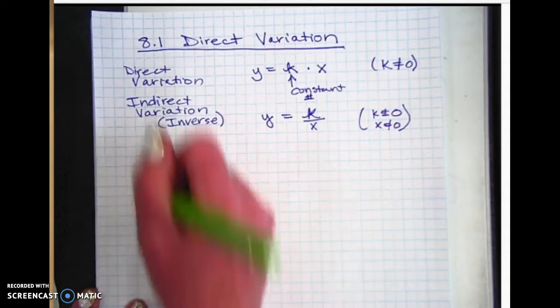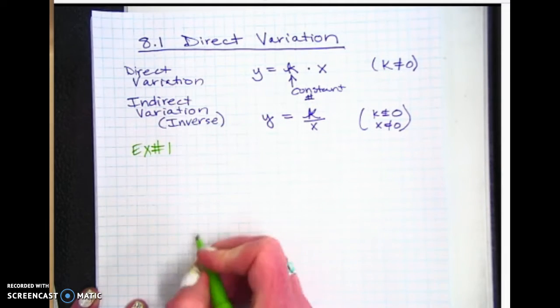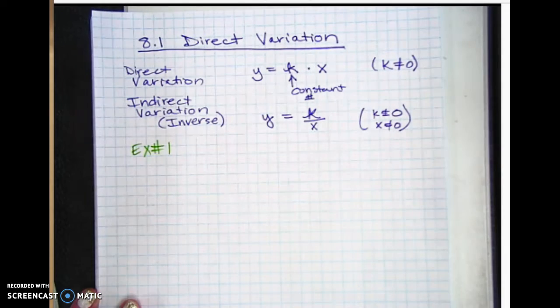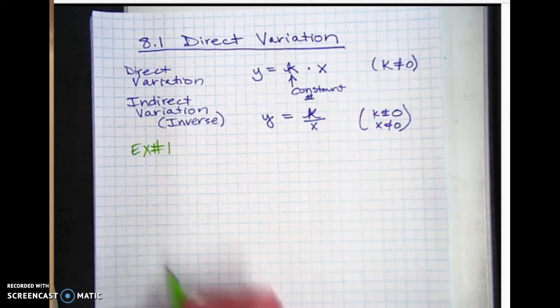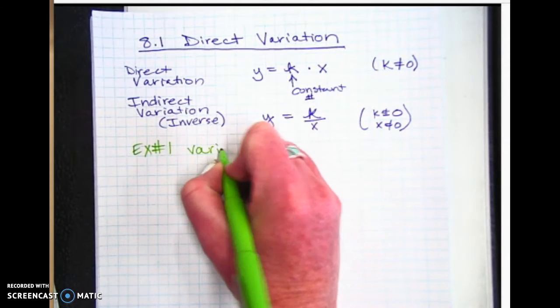All right? So you're going to see two types of problems in the book. The first type is just basically going to give you the information in the question, and you plug it in. Okay? You plug it in, you figure out what k is, and then you have to basically do the problem a second time and figure out what x is. Okay? So it's going to tell you that it varies directly.